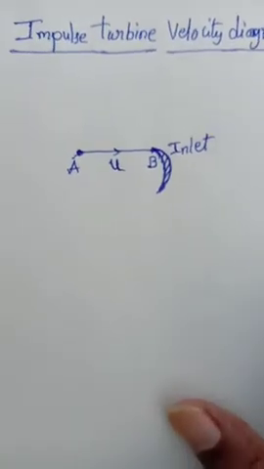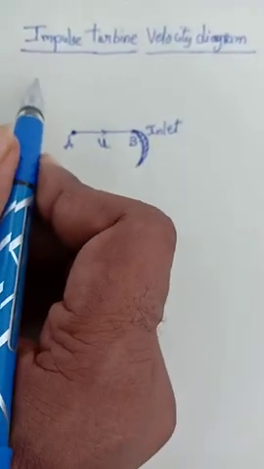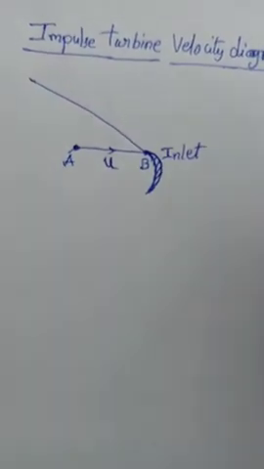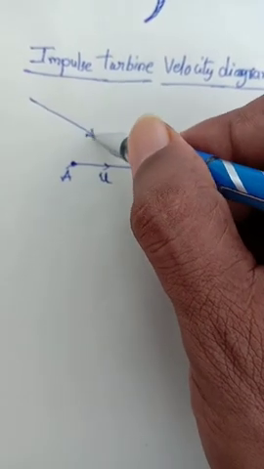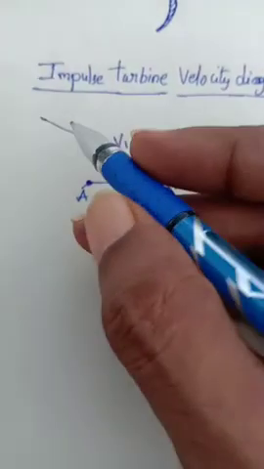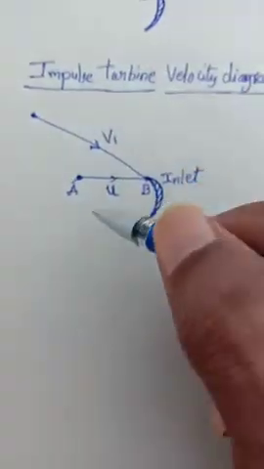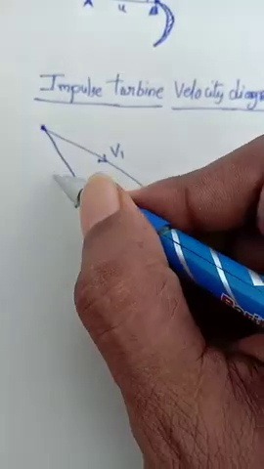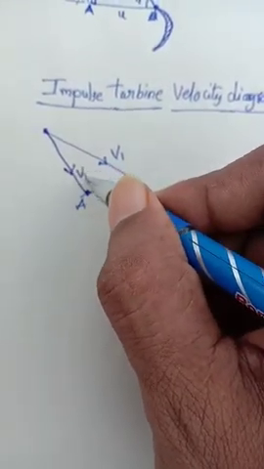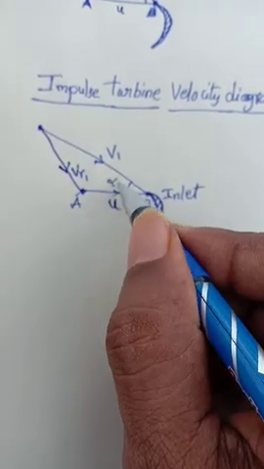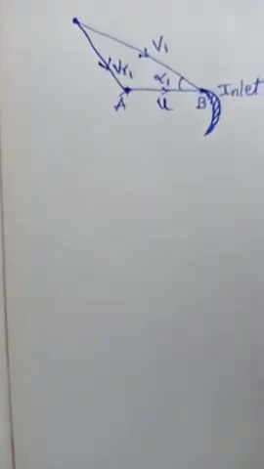And the absolute flow velocity, it will act like this. This is V1. And now here to here you can join this triangle, you will get VR1 relative velocity. Here the angle we don't know, that I put it alpha 1.